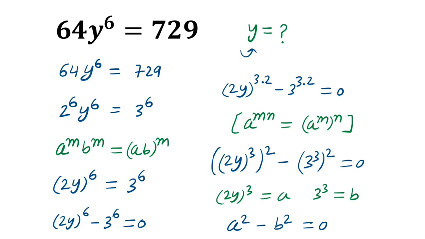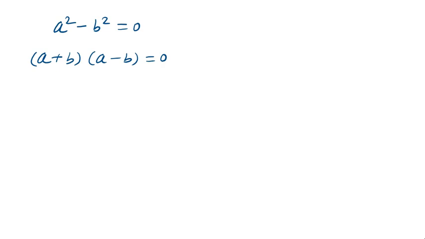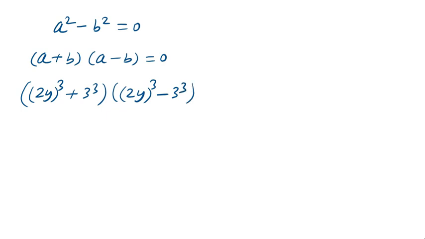We know that the value of a is (2y) cube and the value of b is 3 cube. Replace a by (2y) cube and b by 3 cube: ((2y) cube plus 3 cube) multiplied by ((2y) cube minus 3 cube) is equal to 0.